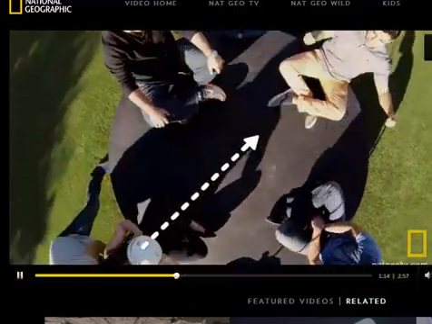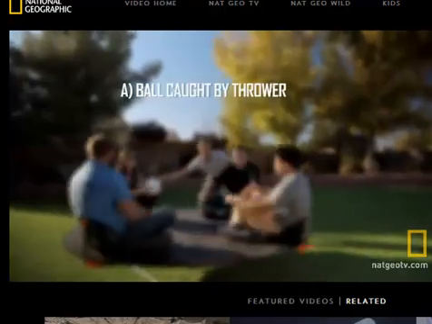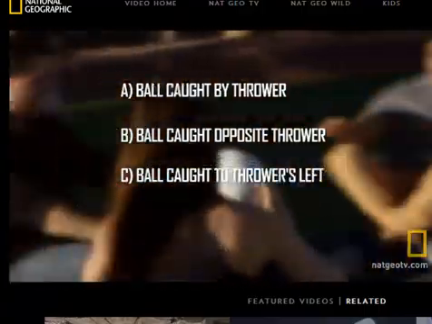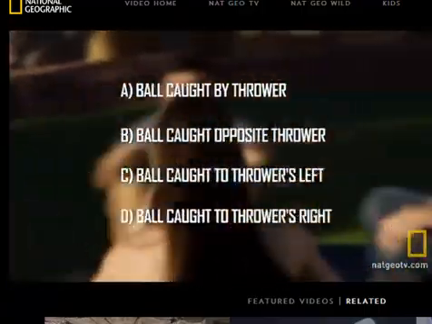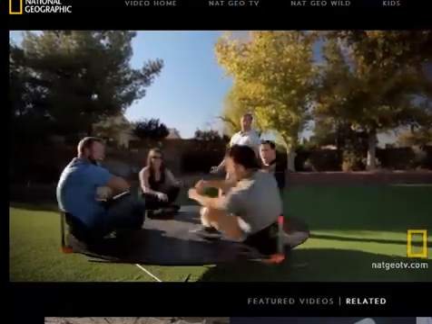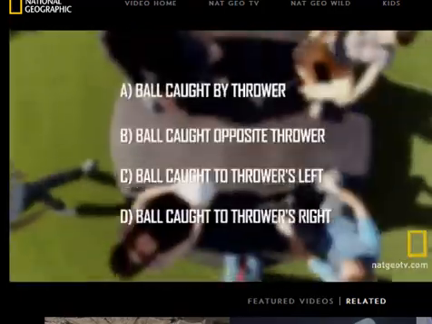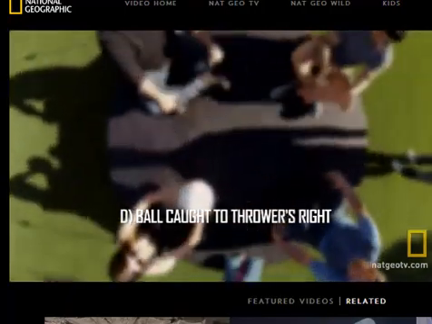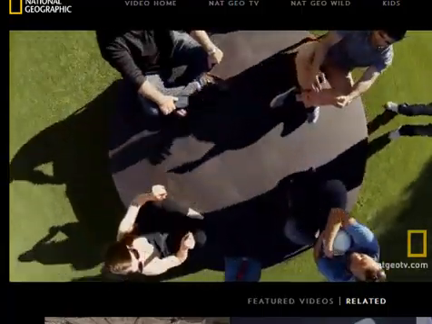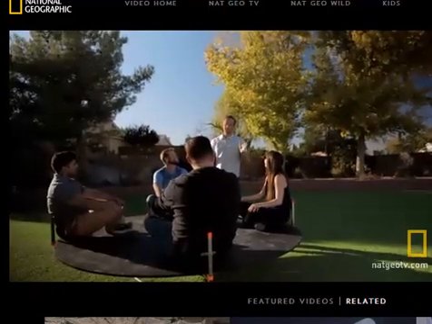Straight across the spinning merry-go-round, but where will it end up? Will it be caught by the thrower? Will it be caught by the person opposite? Will it be caught by the person to the thrower's left? Or by the person to the thrower's right? Right, in your own time, throw the ball. And there it goes. Is that where you thought it was going to go? The answer was D. It was caught by the person on the thrower's right.